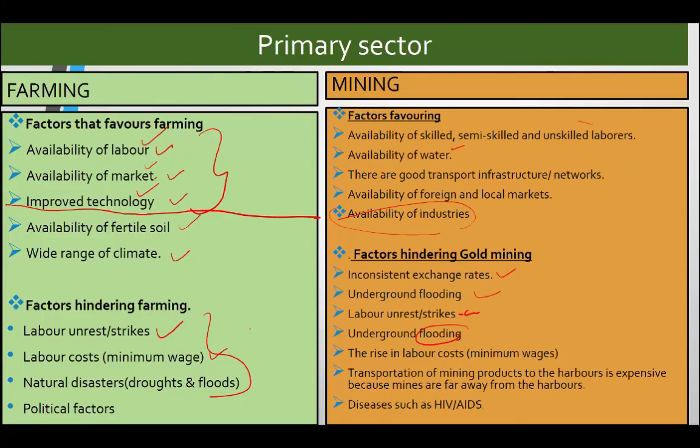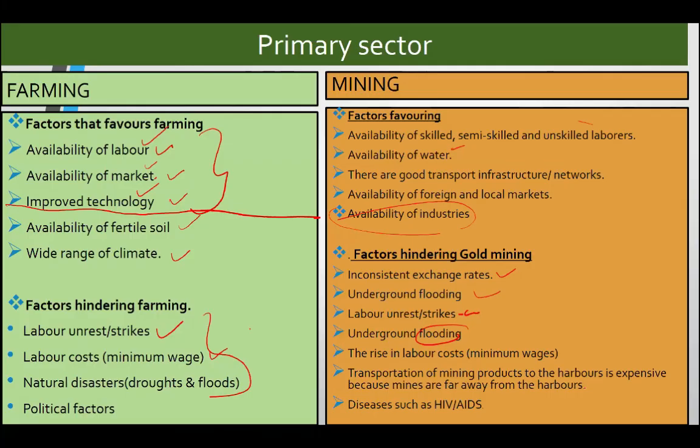You can also use that as well. The transportation of farm products that are farmed in the interior is also costly, because farming is far from the coast. So you can just use the answers on both sides because it is economic geography. We're talking about economy, and then we're looking at factors that can affect economy.